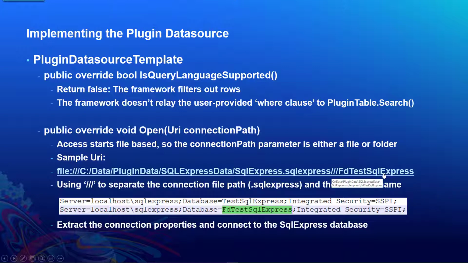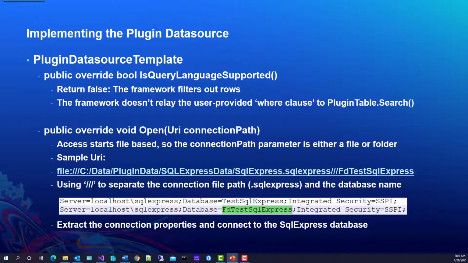So this further specifies which one I want to use. Now, having this information, the open method can extract the connection properties from the SQL Express file and then connect to the SQL Express database.